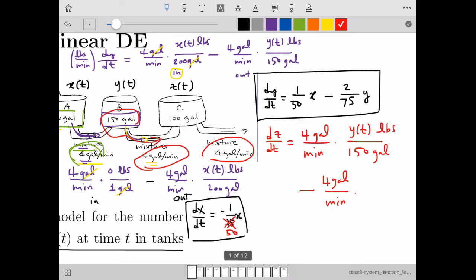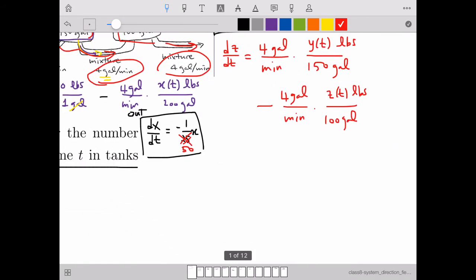It comes in at 4 and goes out at 4, so it'll be a constant 100 gallons, where there are z(t) pounds of salt at time t. If we simplify, dz/dt equals 2 over 75 y minus 1 over 25 z.